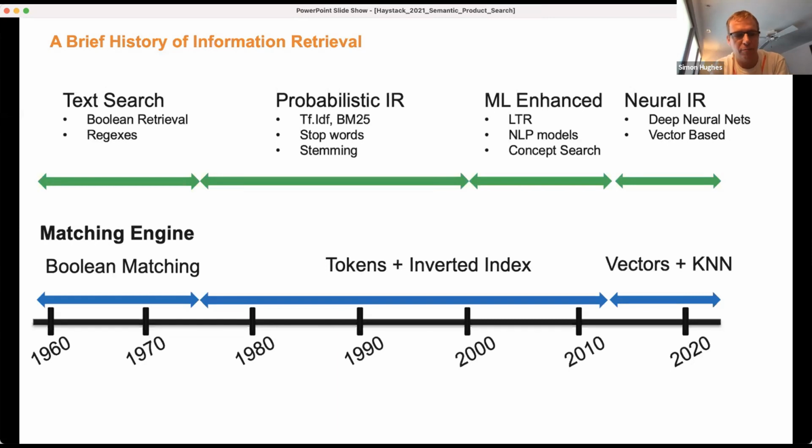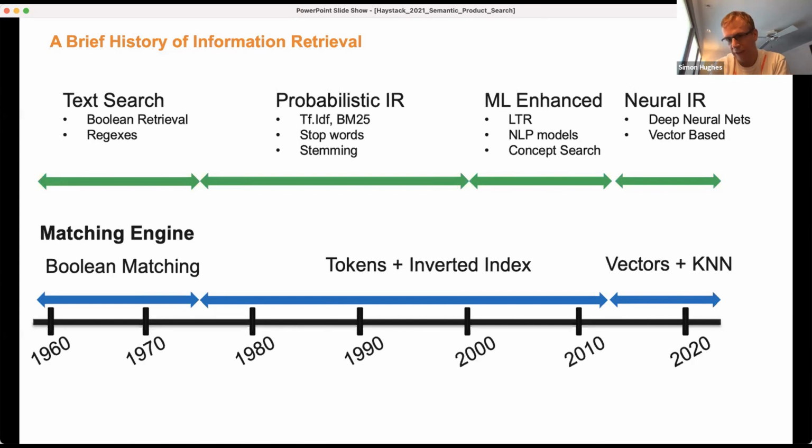That's covered in the Stanford book on information retrieval, if you're curious about that. And people started doing simple things like stop words and stemming and so on. Then into the early 2000s, we started to see machine learning become increasingly used within the search domain for learning to rank, for conceptual search using LSA and LSI and LDA and things like that.